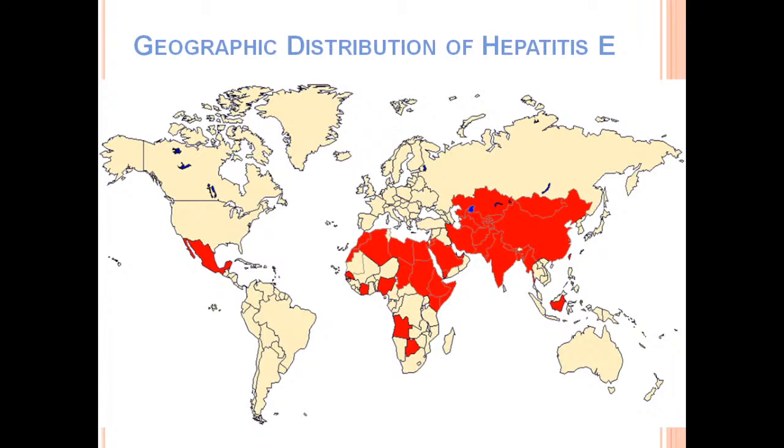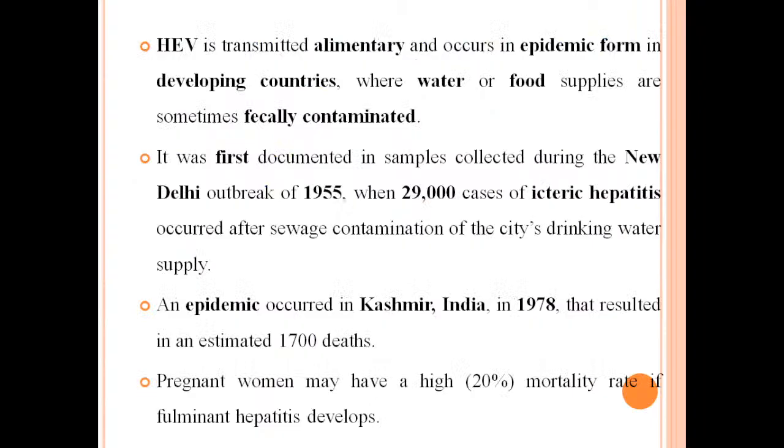It is present in countries with warm, wet climate, tropical countries, in some African countries and in Asian countries. Hepatitis E virus is transmitted primarily through foodborne or waterborne routes and occurs in epidemic form in developing countries where water or food supplies are sometimes fecally contaminated.